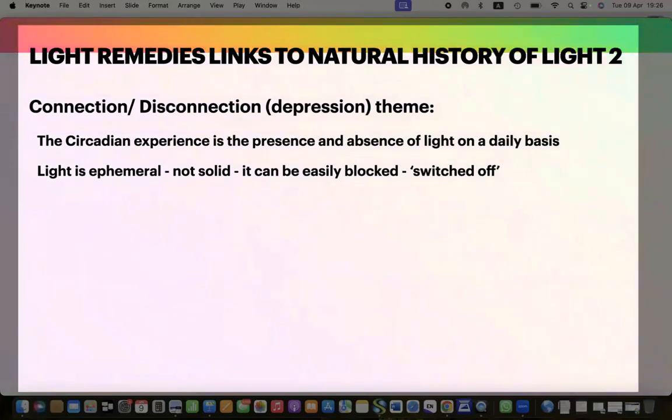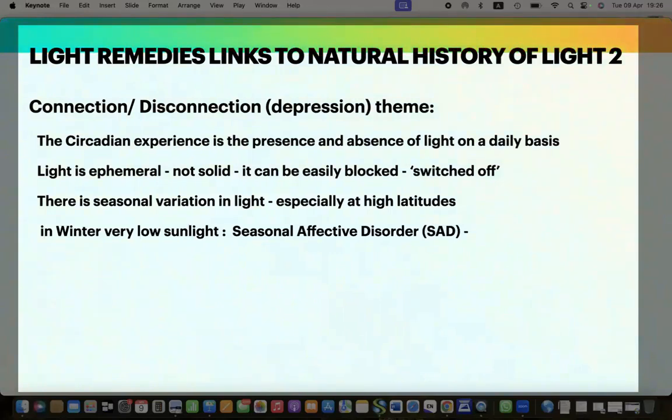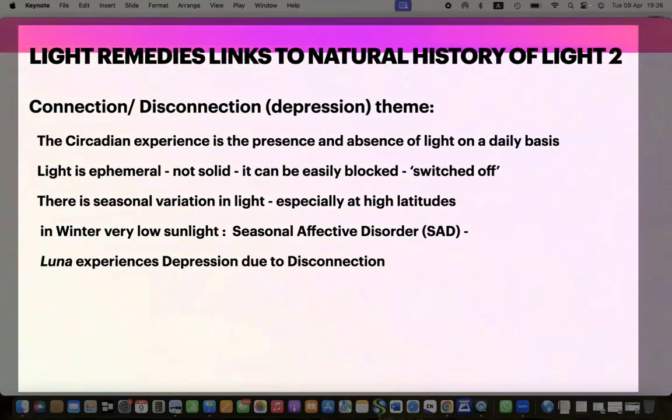So the circadian experience is the sun rising, the sun setting. It's switched on and it's switched off. There's also seasonal variation in light. So in the northern high latitudes, with low sunlight, people get seasonal affective disorder, and lunar experiences depression due to disconnection. It may be, if it fits or is an intercurrent, a good thing for these types of conditions.